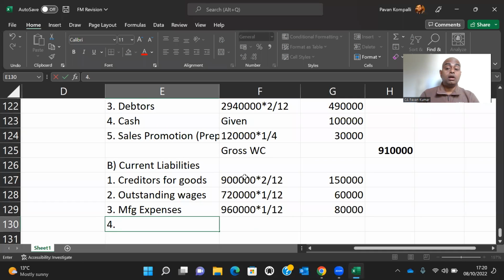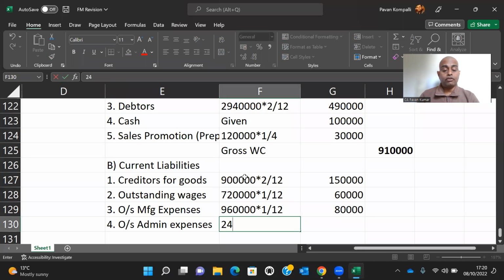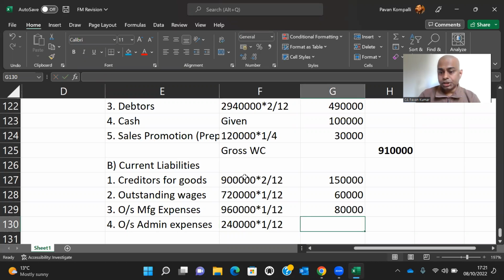Yes, we have outstanding admin expenses also. So let me put outstanding here, otherwise you'll get a heart attack. Outstanding manufacturing. Then outstanding admin expenses: 2,40,000 into 1 month. How much? 20,000. Correct.